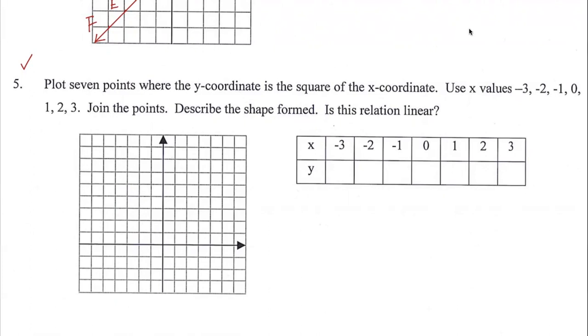When the y value is the square of the x value, the formula is y is equal to x squared, right? Because here, the y value is the square of the x coordinate. So this is not a linear relation.